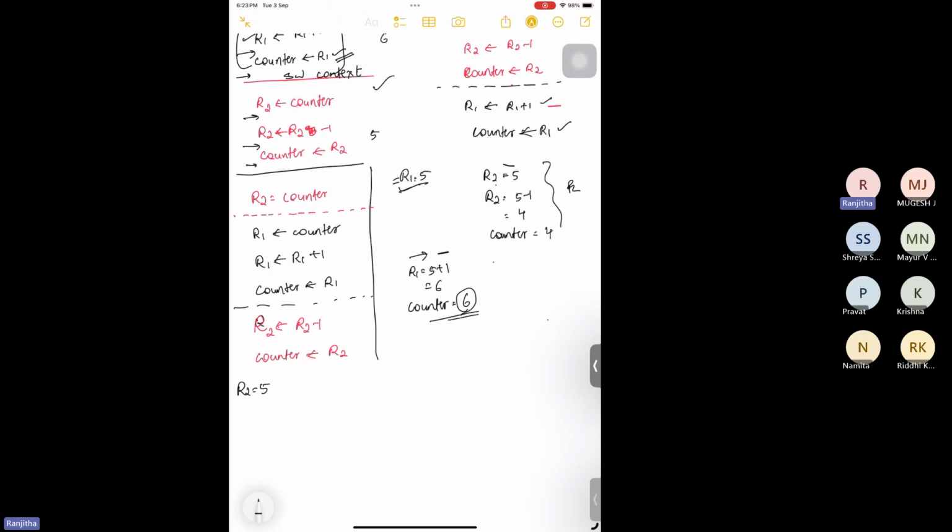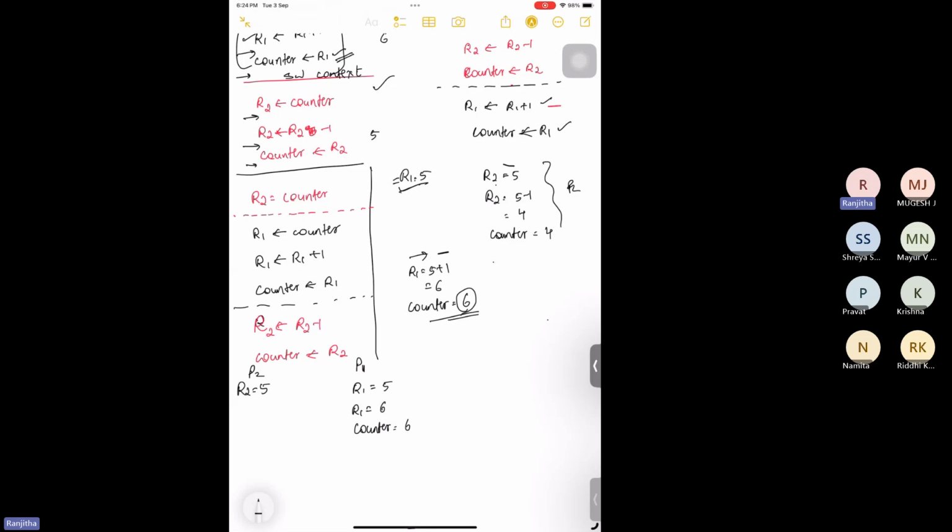Now this is P2's execution. Now we go to P1's execution, because a context switch happened here. So R1's value in the shared memory is still 5 only. So 5 will be copied, and R1 is equal to 5 plus 1, 6, and counter will have value 6.